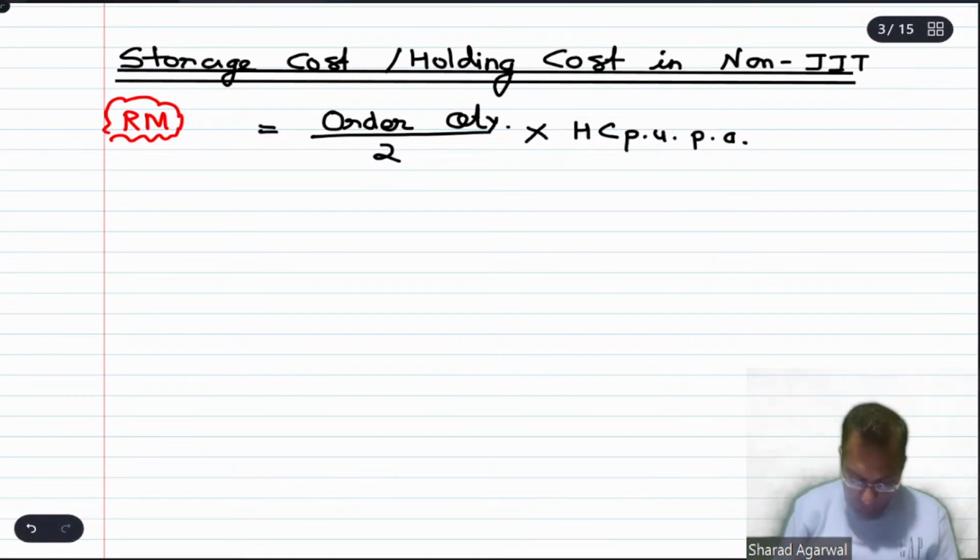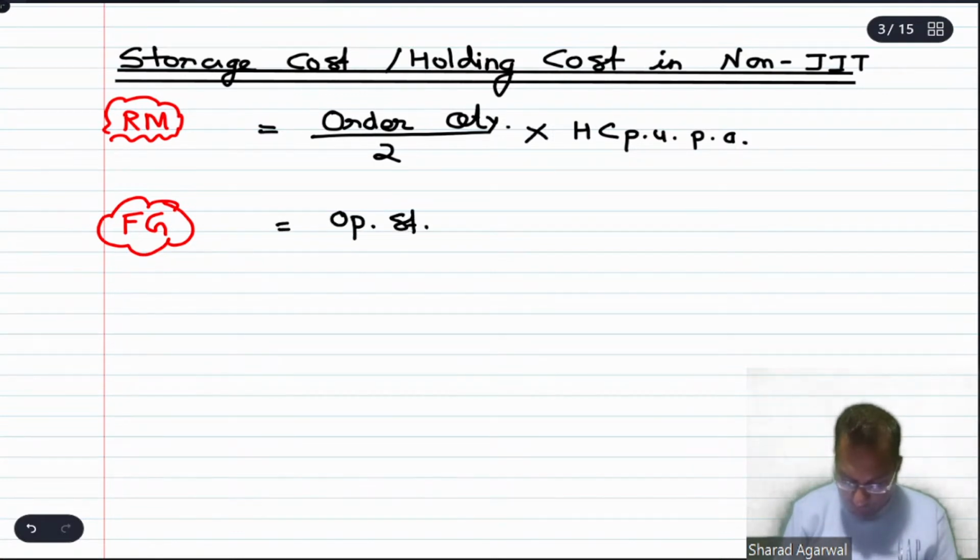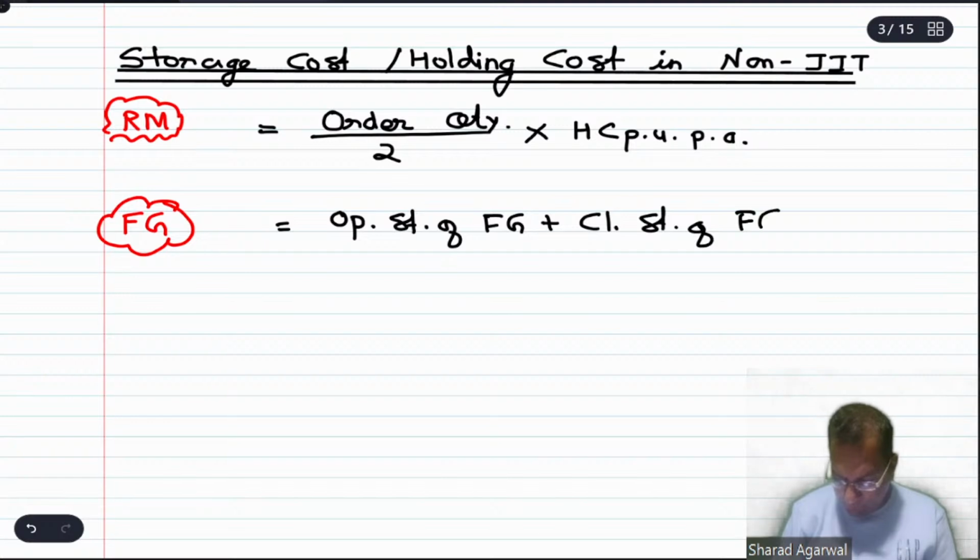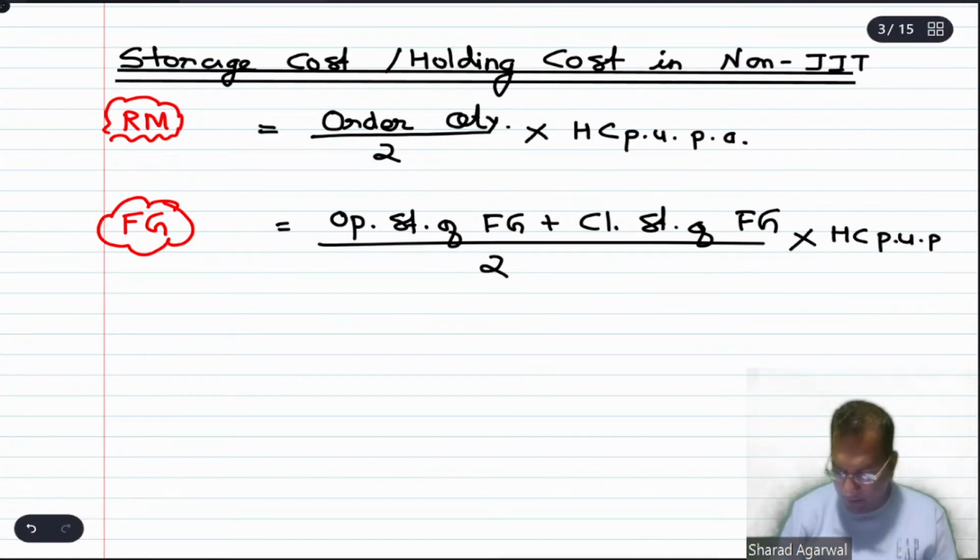And if we are to find out the holding cost, that is storage cost, for finished goods, the formula will be opening stock of finished goods plus closing stock of finished goods divided by 2. Always holding cost will be calculated on average. Multiply by holding cost per unit per annum.